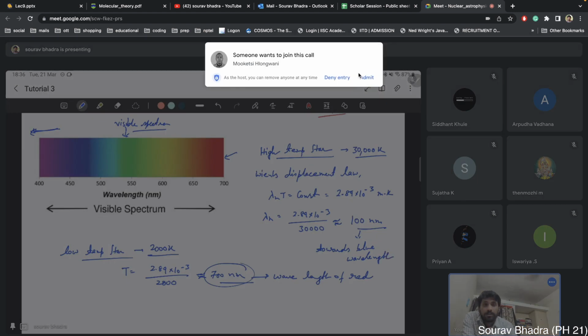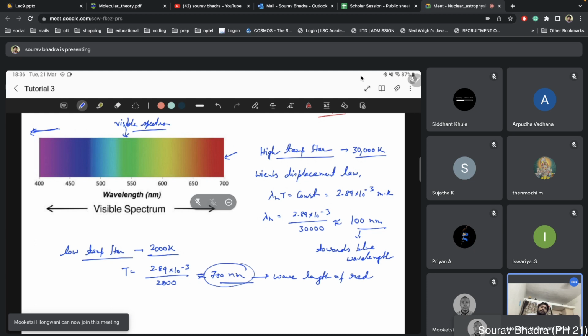So that is the main point why we say blue star and red star, because depending on the temperature you can calculate the lambda, and if your lambda lies in the range of red color, that's why we call it a red star, and if your lambda lies in the range of blue color, that's why we call it a blue star.